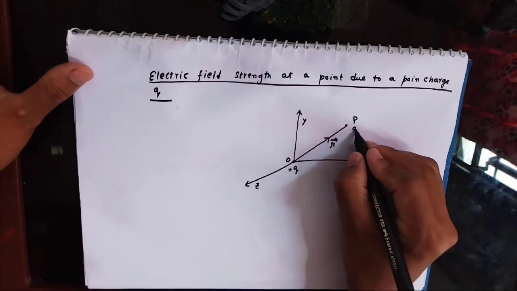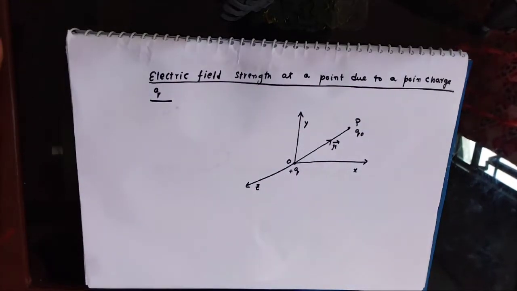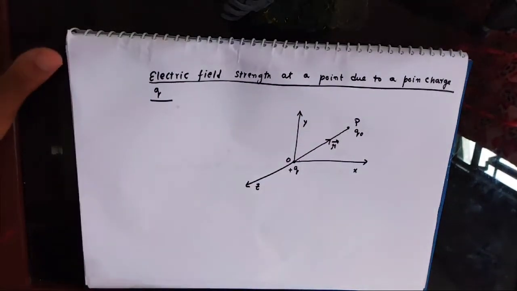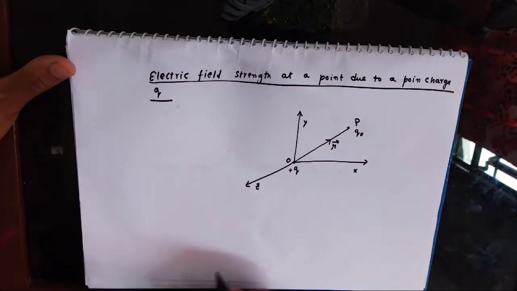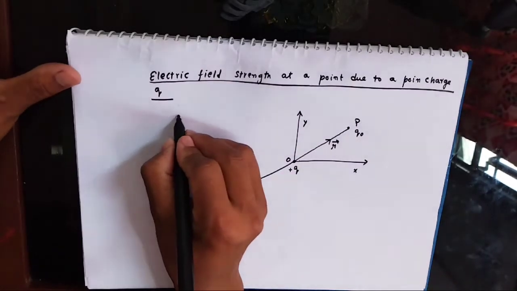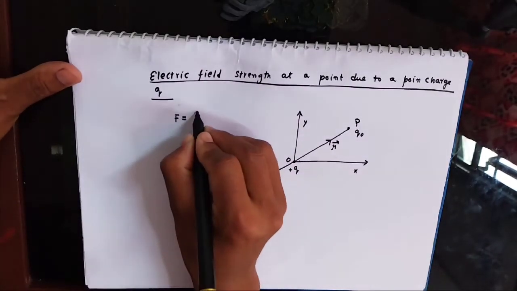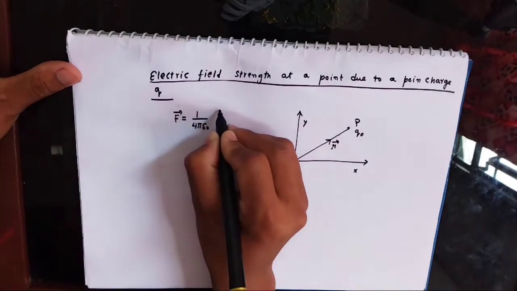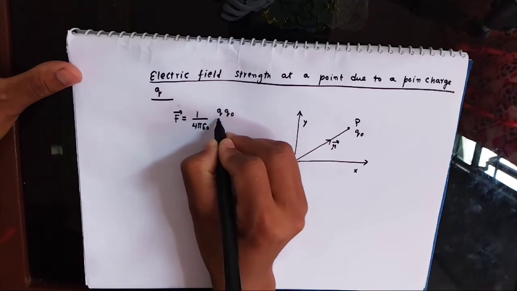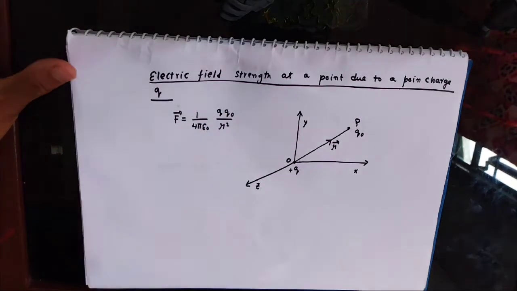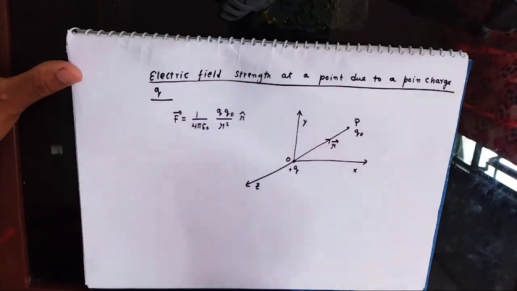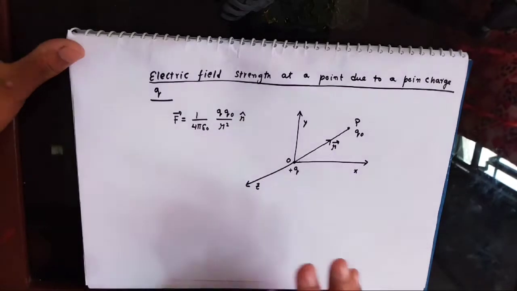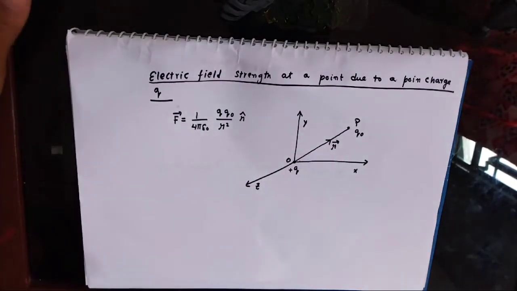Suppose we bring a test charge Q naught at the point. Now, what is the electrostatic force of interaction between these two charges? So F can be written as 1 by 4 pi epsilon naught, Q Q naught by r square. This is the force of interaction between these two charges.